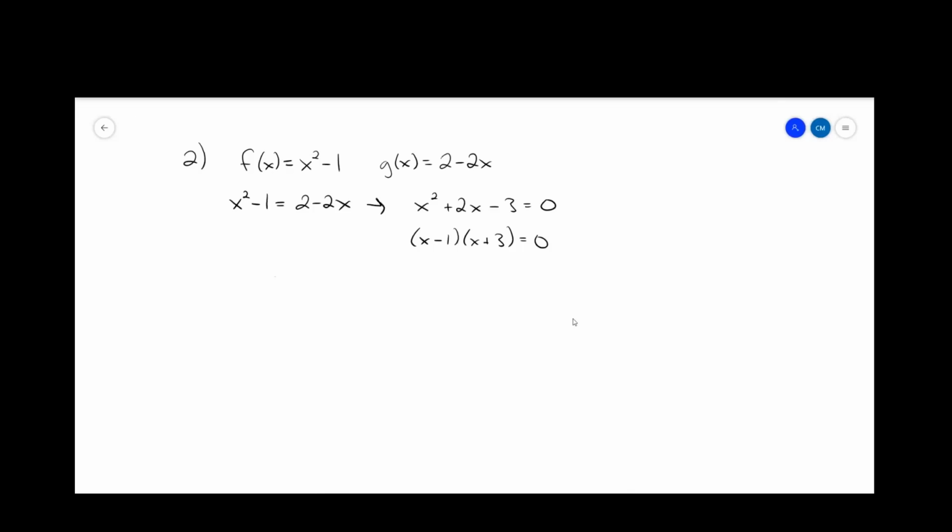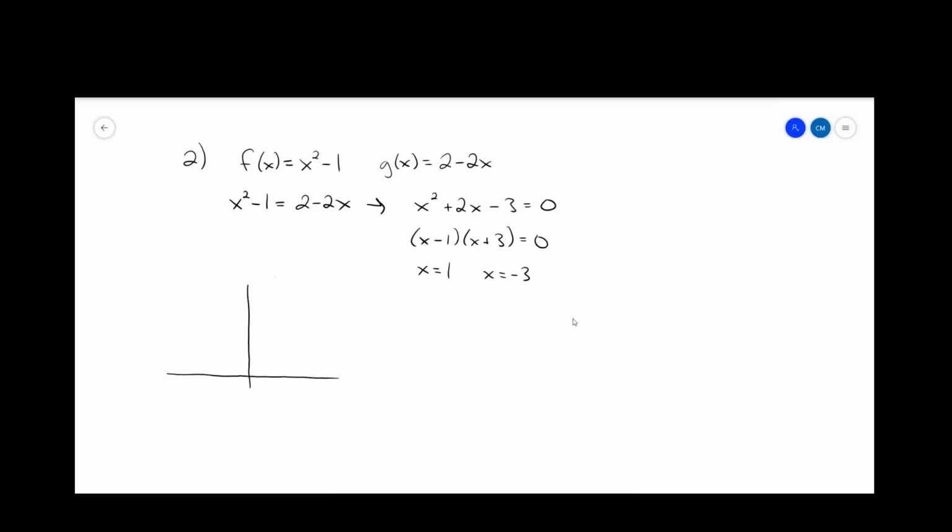And so x is equal to 1, and x is equal to negative 3. Okay, now let's also go ahead and just try to graph it and make sure the graph kind of matches what we just found here.